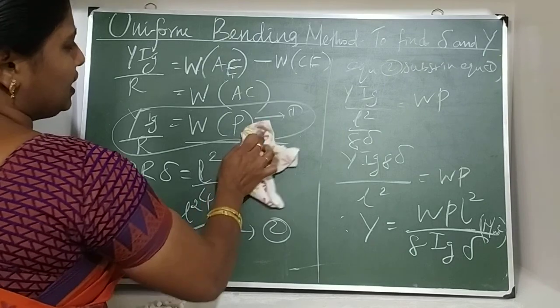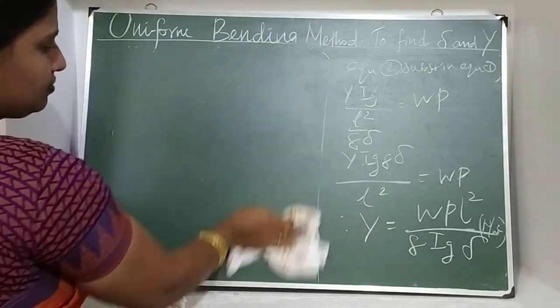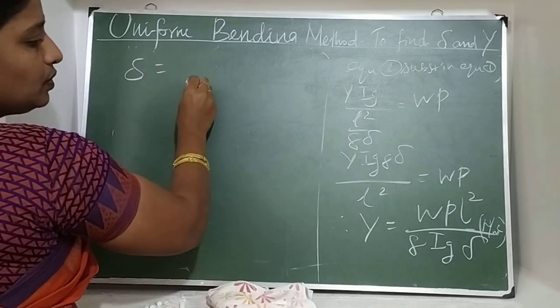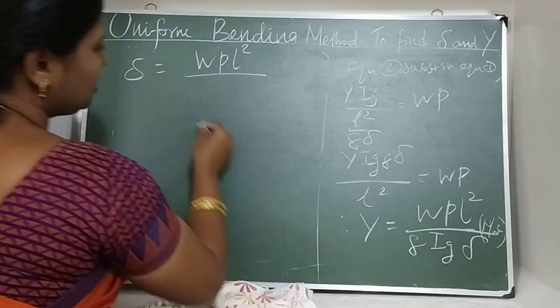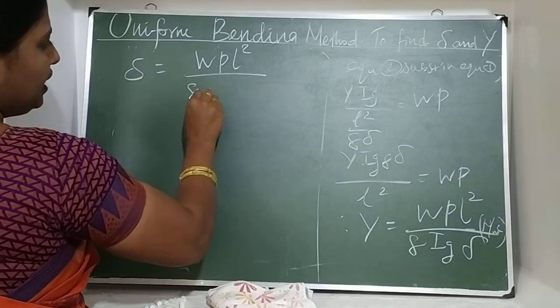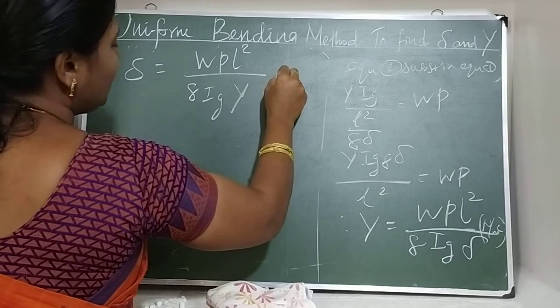And then again simplify this equation: delta equals WP L square divided by 8 Ig into Y. This is for elevation.